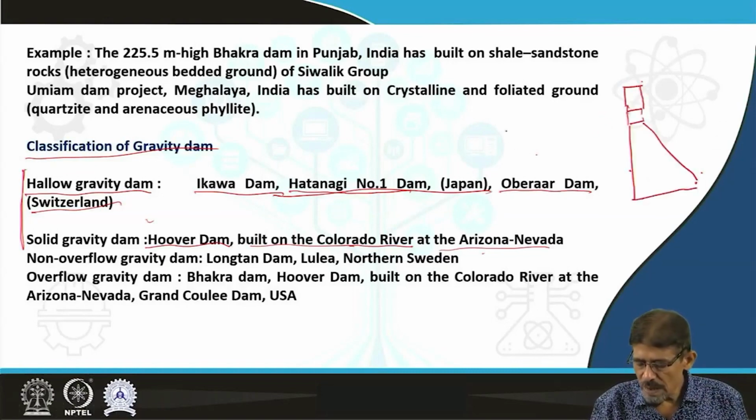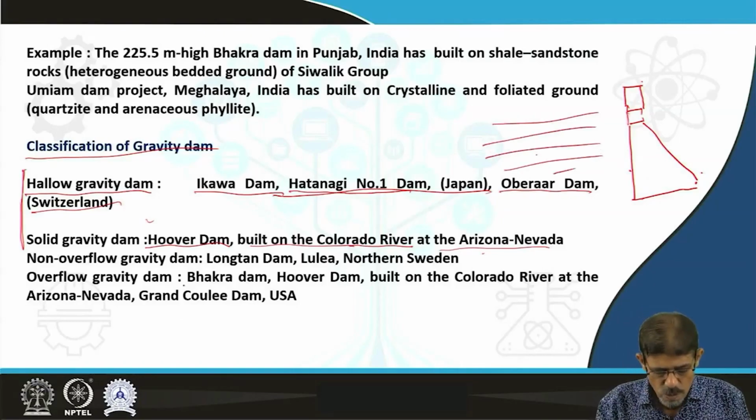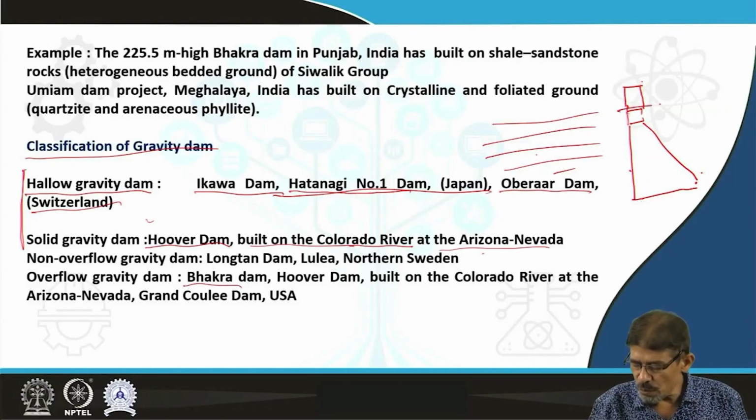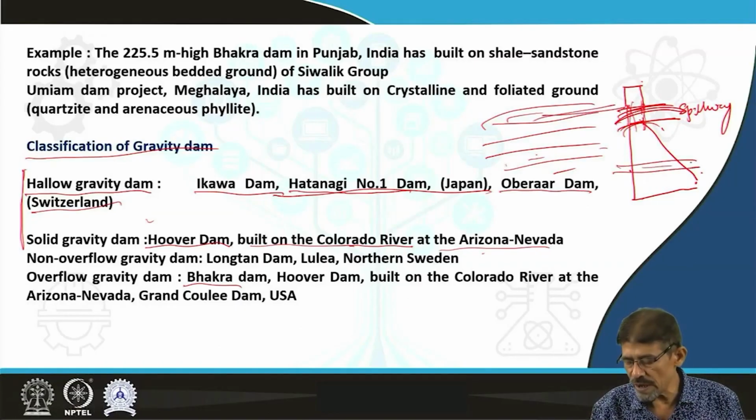In non-overflow, the water is held inside this. In an overflow dam, we are going to provide a spillway for flow above this. In the other case, we are not going to provide this. The water is present here, and we provide some sluices and others for the release of water.